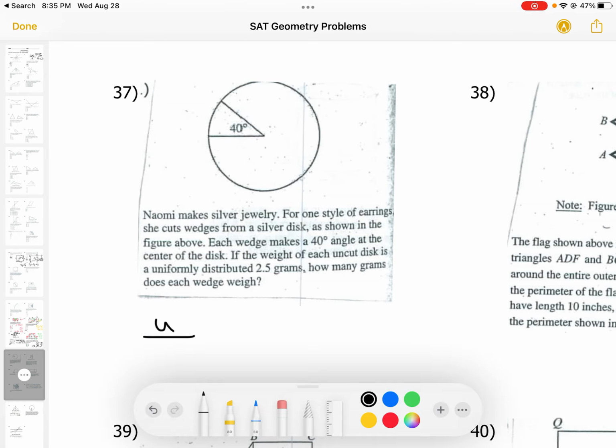I'm going to call the weight of the wedge W. The proportion of the weight of the wedge W to the weight of an uncut disc, 2.5, is equivalent to 40 degrees over 360 degrees. And the only reason I can make this proportion is because we know that the weight is uniformly distributed.